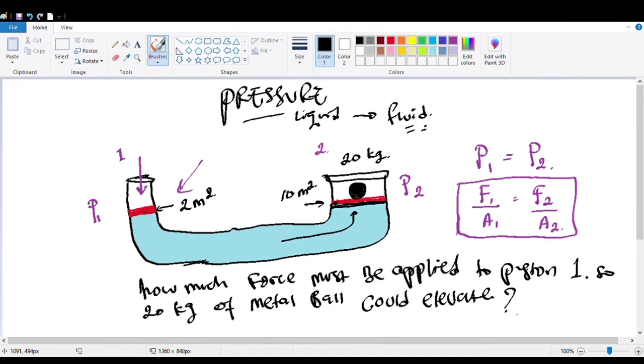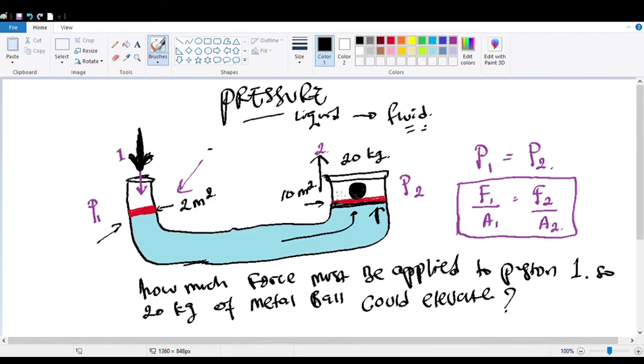How much pressure do you give to this piston in order to make the ball elevate? You can say that the force of this area is transferred to this area. Now we find the force of this, F1.